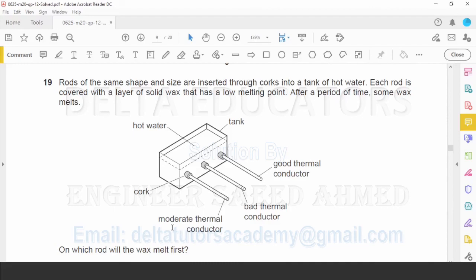Now the wax will melt first where the rod is the best conductor of heat. Here it is given moderate thermal conductor, here bad thermal conductor, here good thermal conductor. So in a good thermal conductor, heat will be transferred easily and this heat will be absorbed by the wax and the wax will melt. So in a good thermal conductor, the wax will melt first.